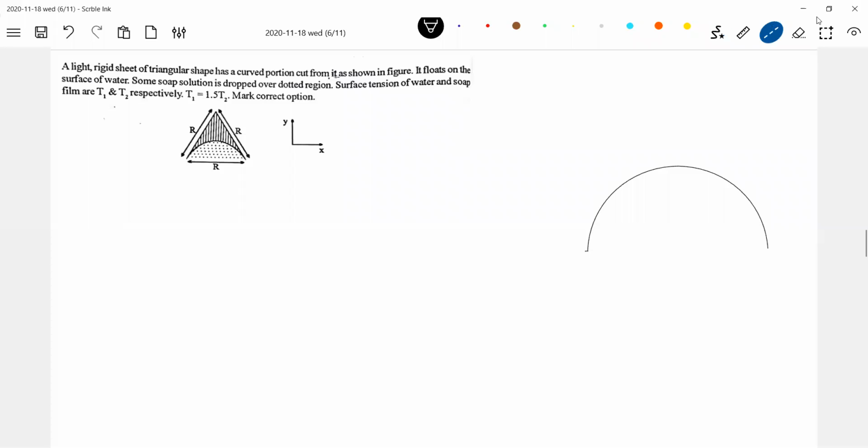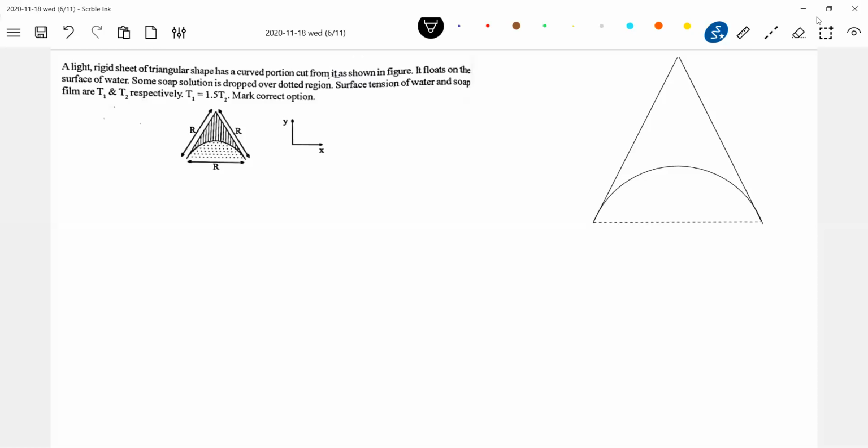Okay, this is the semicircle. We should have a triangle. There's a triangle. Okay, I constructed the thing.